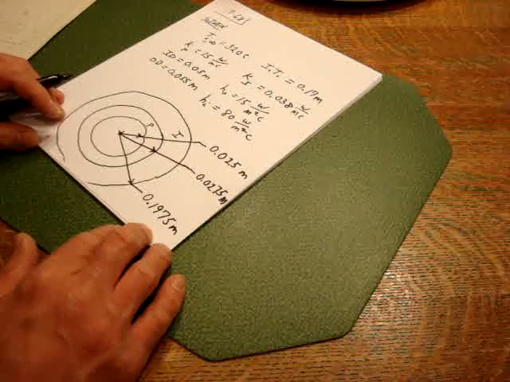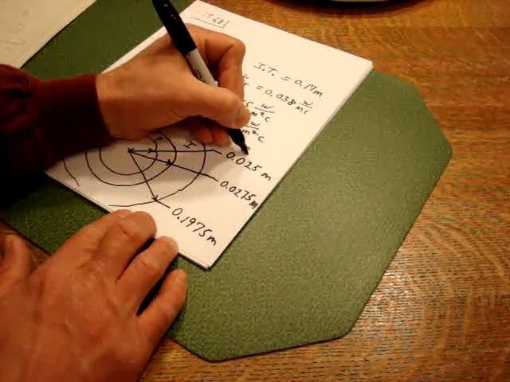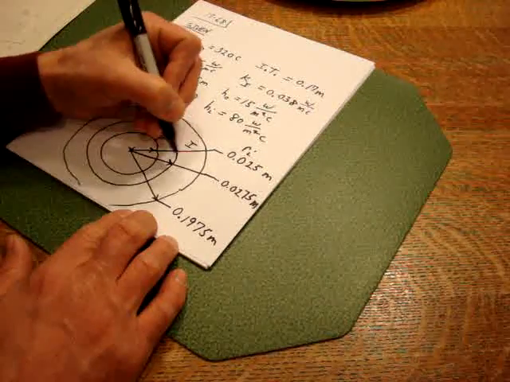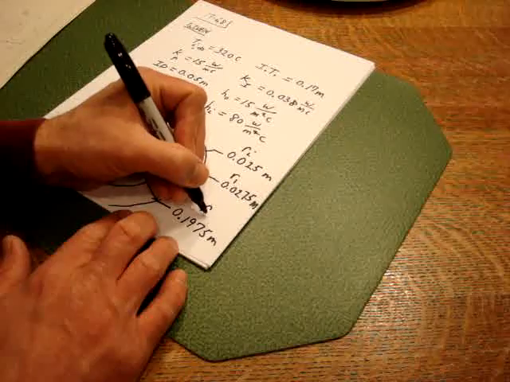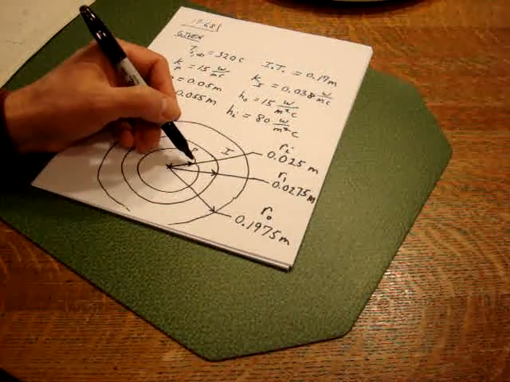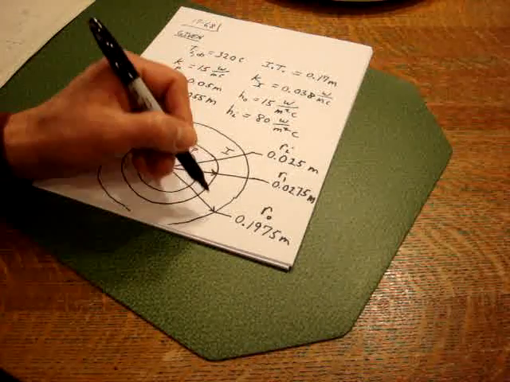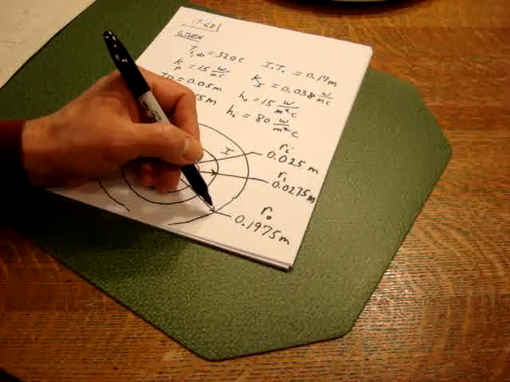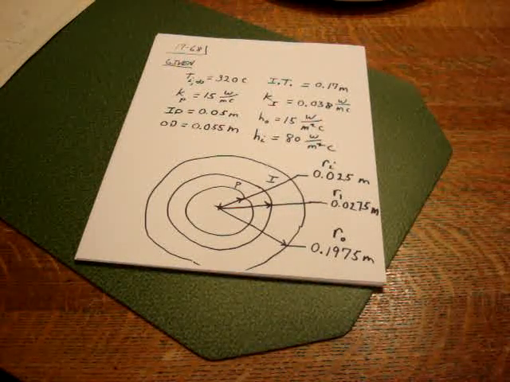Okay, and I'm going to arbitrarily call this one here R on the inside. I'm going to call this radius here R1, and we'll call this one here R on the outside. Of course, the temperature here will be T on the inside, T1, and then T on the outside. Okay. So you kind of see what we're doing there.